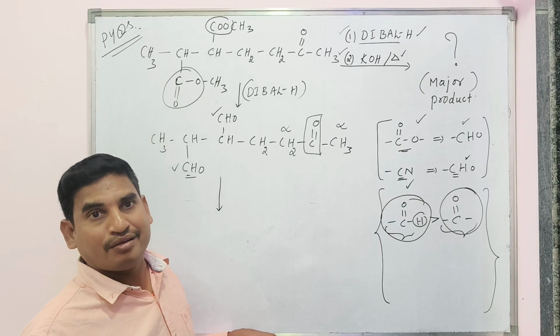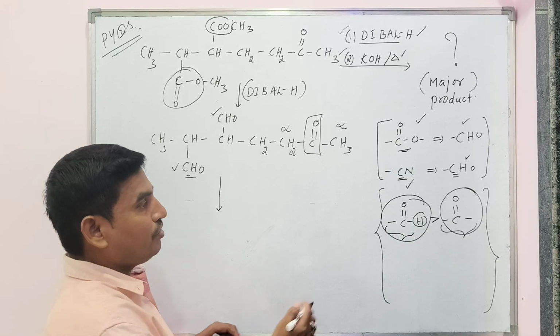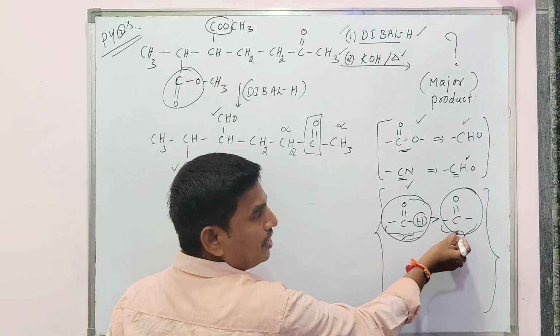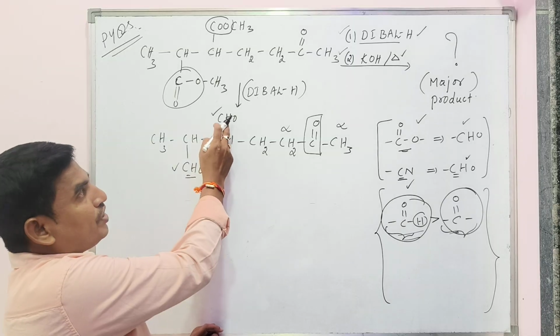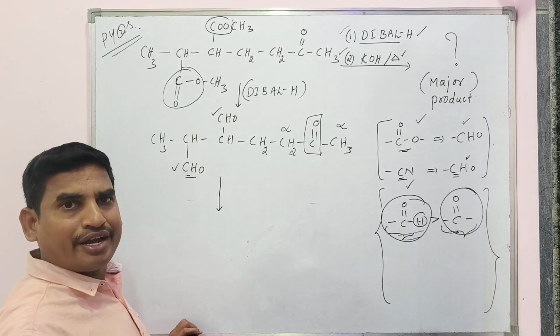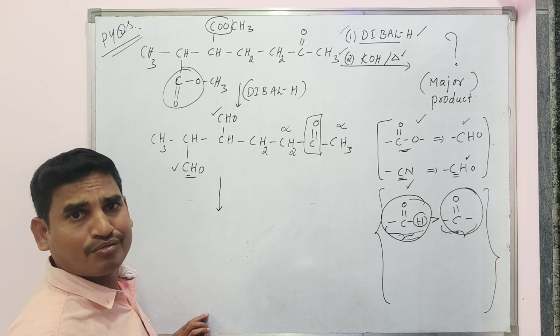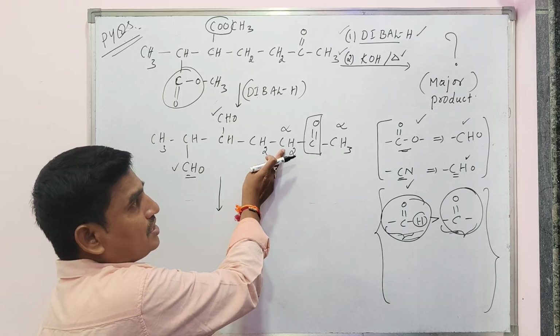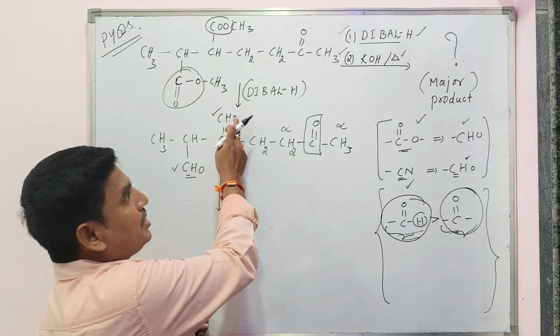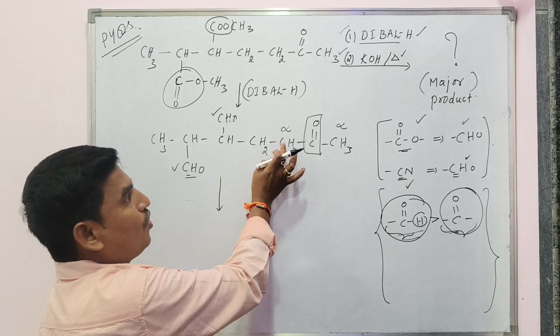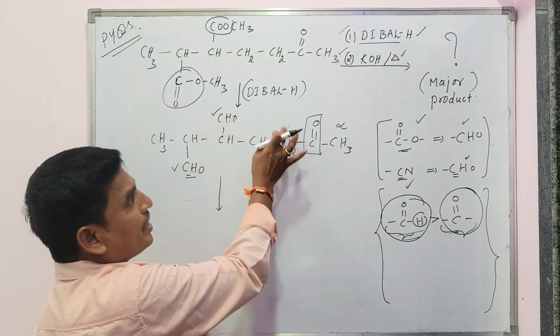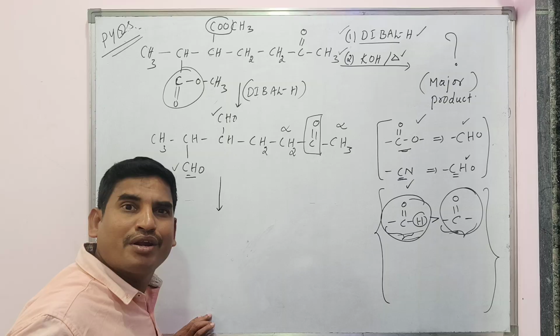It's a very important point. We know the aldehyde is more reactive than the keto group. If we go for this aldehyde, we can directly condense with elimination of water. If we use these two alpha hydrogens and the oxygen is eliminated as water, counting 1, 2, 3, 4, we get a four-membered ring, which is unstable.